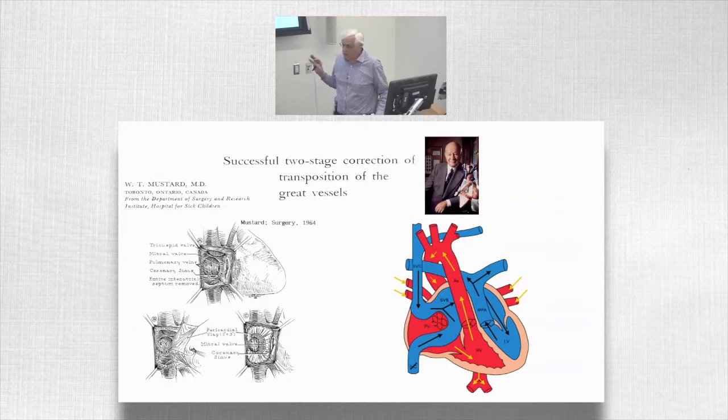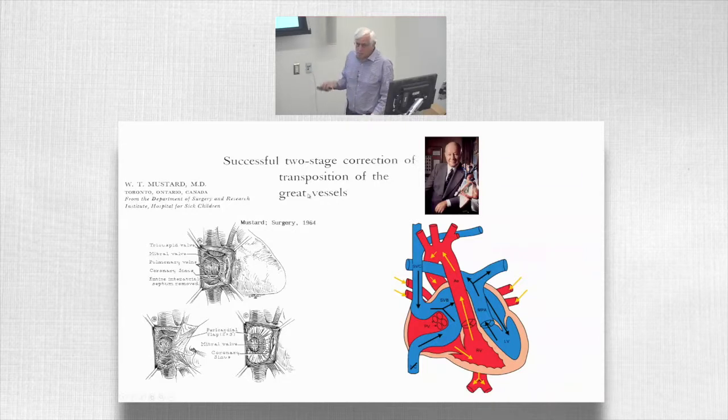So it was an enormously successful, short-term successful operation, because obviously the long-term effects were not good. You're asking a ventricle that was not designed to support a systemic circulation to be the main pumping ventricle. And the long-term result was that this ventricle would eventually fail.